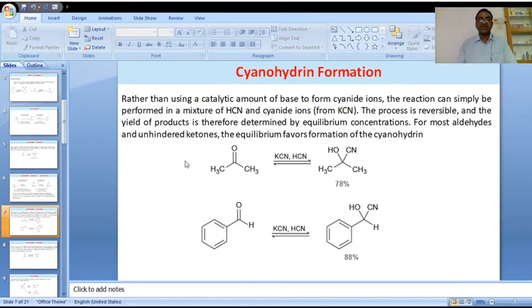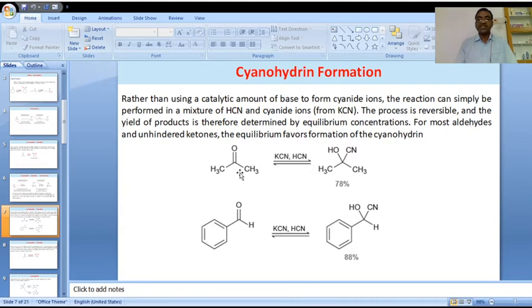Here please observe, the starting materials are an unhindered ketone, acetone, and an aldehyde, benzaldehyde. These two reactions proceed in the presence of potassium cyanide with HCN to form cyanohydrin. These two reactions are equilibrium reactions. This equilibrium favors formation of cyanohydrin in both cases.